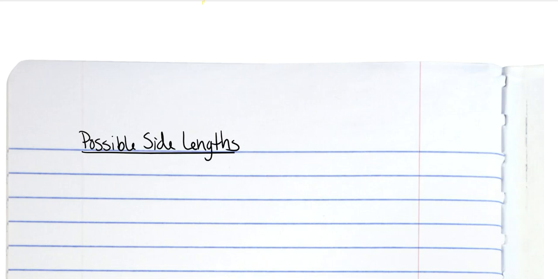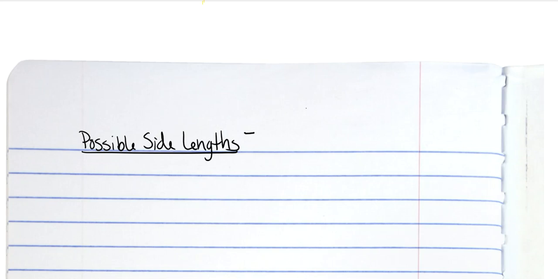All right, very last thing, possible side lengths. So anytime that you have possible side lengths, you add them together and subtract them from each other, and it's between those two numbers.